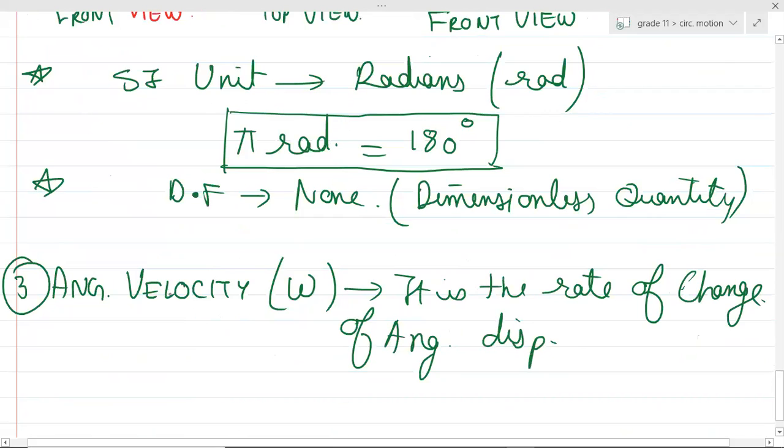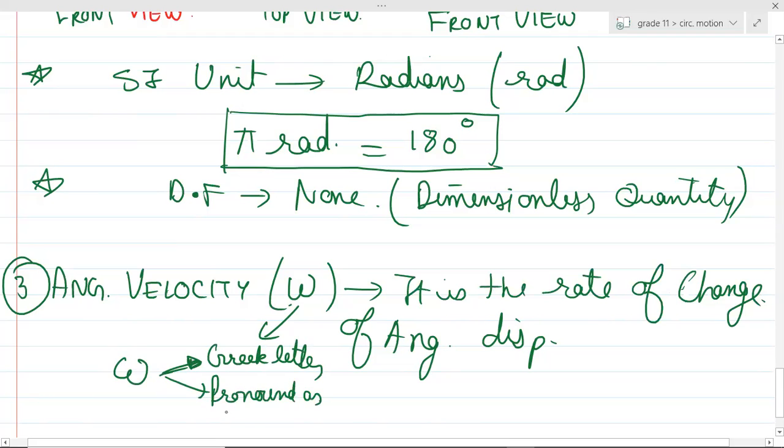It is called angular velocity, denoted by omega, a Greek letter pronounced as omega. So it is the rate of change of angular displacement.